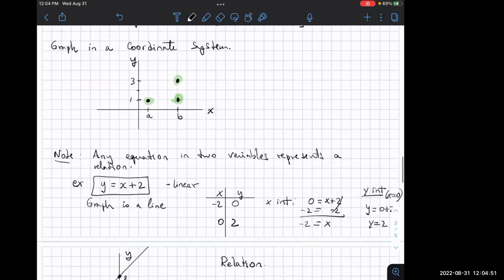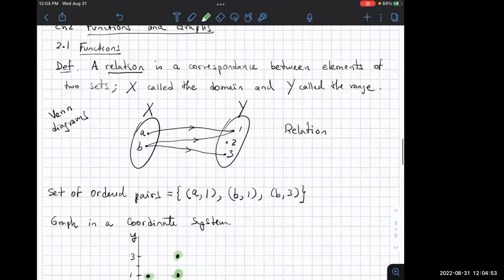Now, the domain. So remember, the domain are the values for X. Okay.